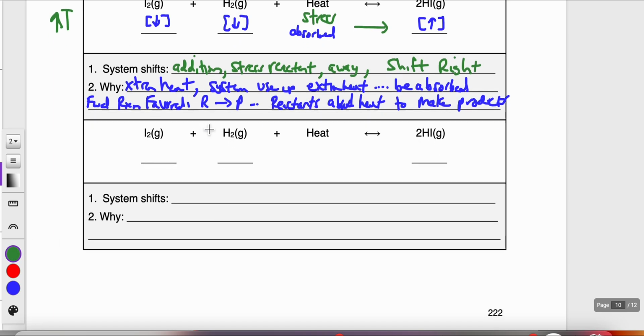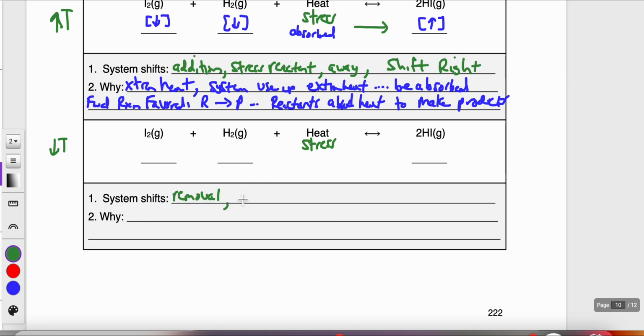So down here, now for this system, if we decrease the temperature. Whenever we manipulate the temperature, we find heat. So this is the stress. Because the temperature dropped, it is a removal.